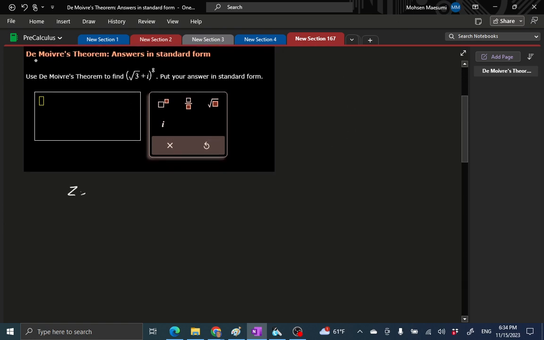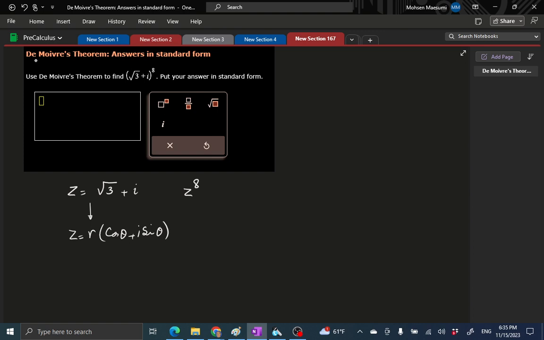So our z is given to us as radical 3 plus i. We want to figure out what z to the power of 8 is. First we take this and write it as r times cosine of theta plus i sine theta. How do we do that?